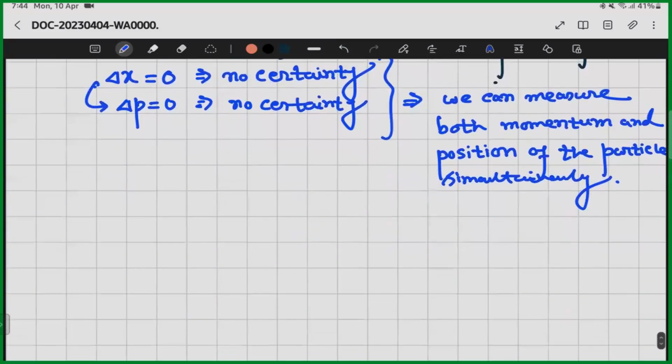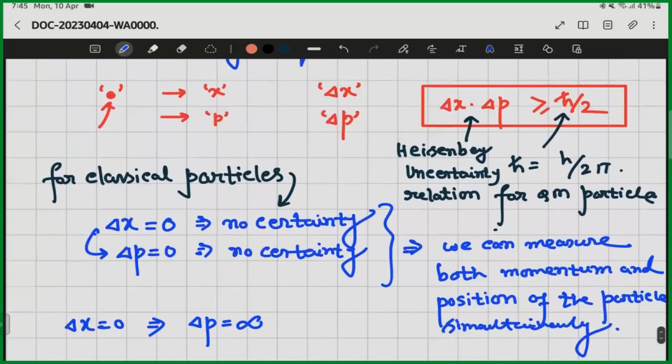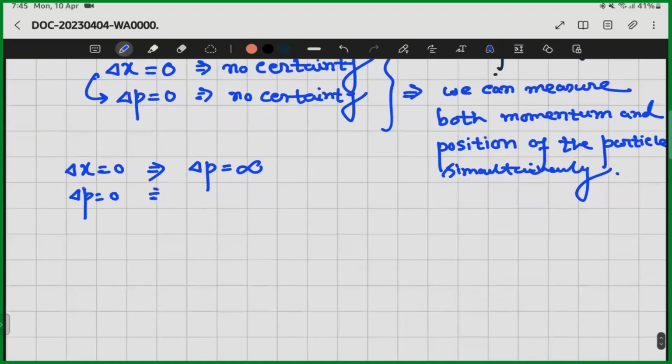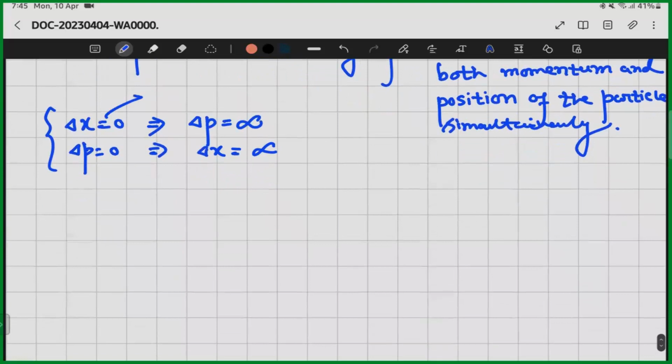So for a quantum mechanical particle, if del x is 0, then what happens? Del p is infinite. If we put del x 0, del p will be infinite. And if del p is 0, then del x will be infinite. This is the meaning of the uncertainty principle for a quantum mechanical particle. So if del x is 0, that means if we try to measure the position of the electron precisely without any uncertainty, then we can't measure the momentum of the particle.